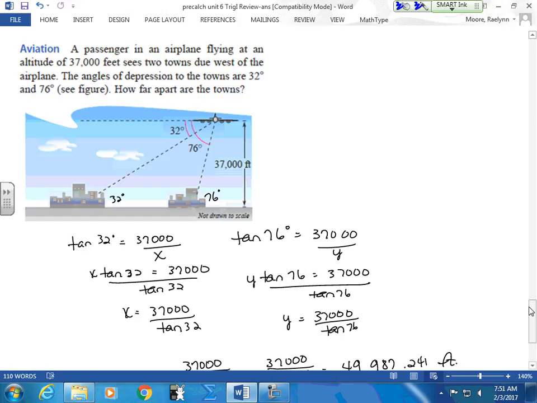I did the opposite. Okay, so here's your triangle, guys. Look, you have 2 right triangles here and one here. They share this piece. They share that. So if I want to find the distance between, remember what we did yesterday? We're not using law of sines. We're using just trig functions.